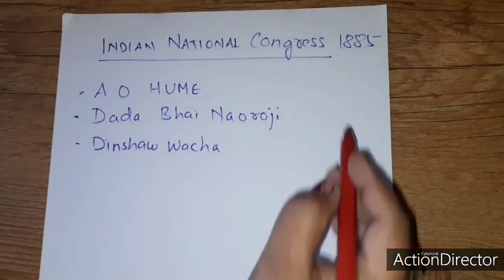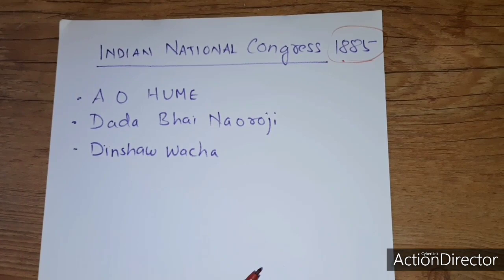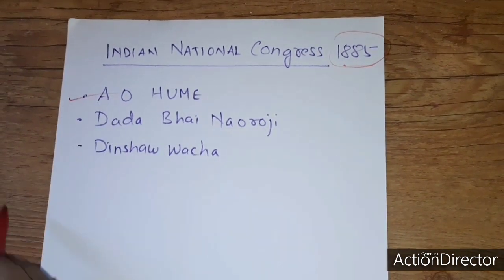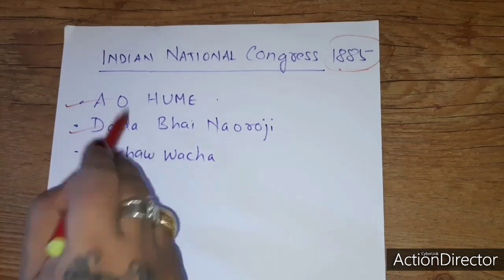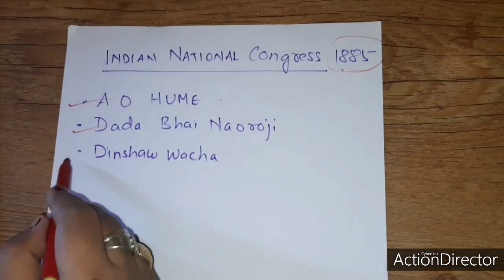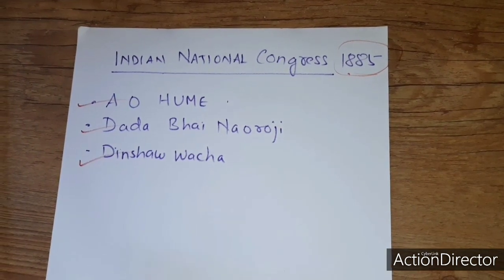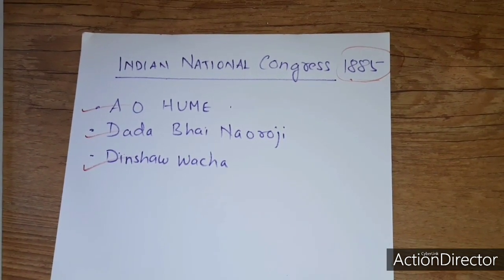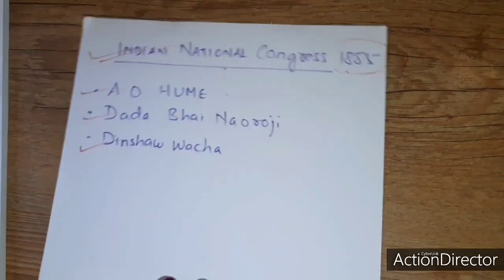So, in 1885, A.O. Hume, who was British, along with Dadabhai Naoroji and Dinshaw Wacha, together with some other people, founded the Indian National Congress.